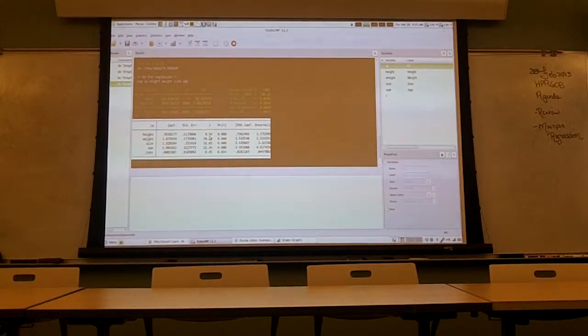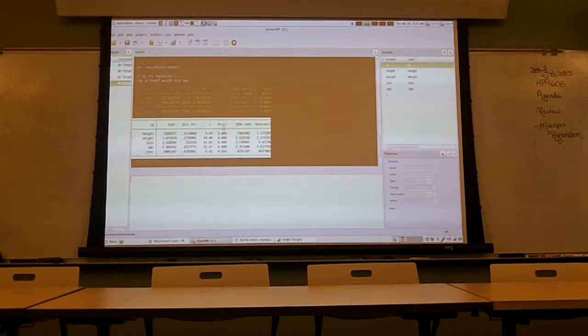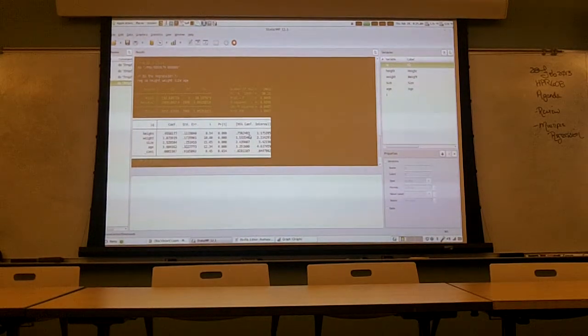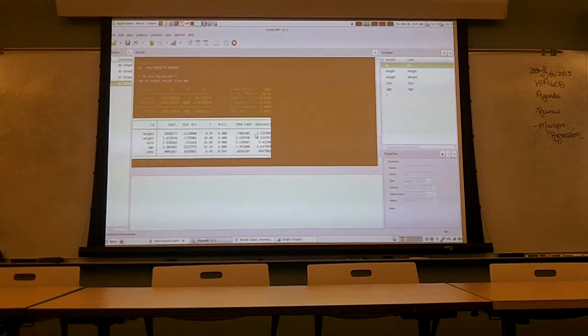I'll let you guys describe to me how to interpret this p-value. Then we have the confidence interval around the coefficient. So this 0.96 should fall right in the middle of these two numbers, right? Okay. So who wants to take a crack at trying to interpret height, the effect of height?